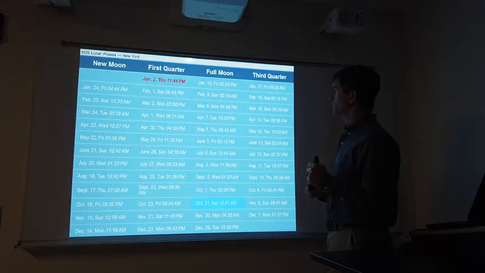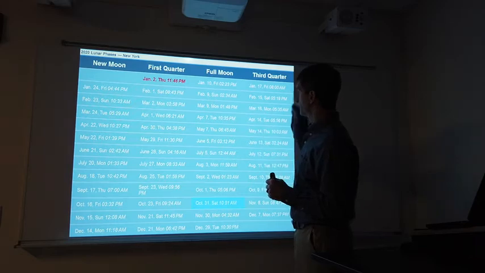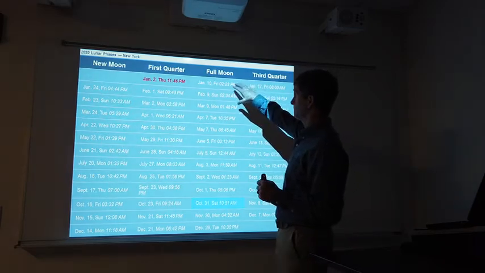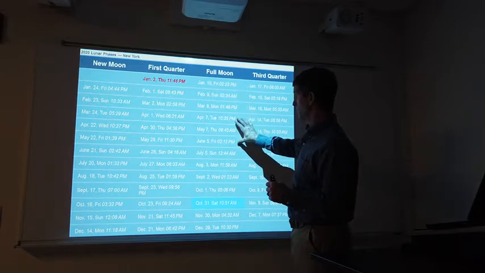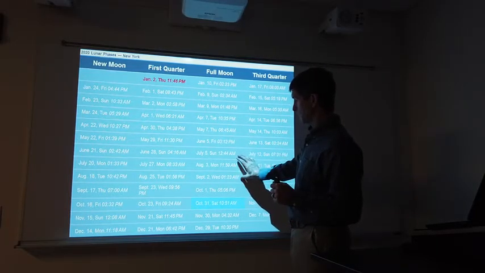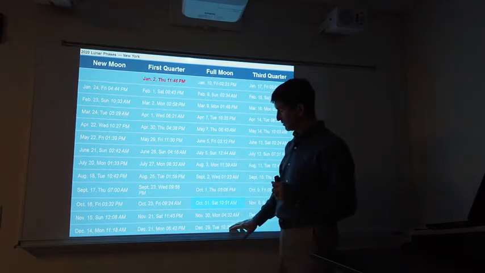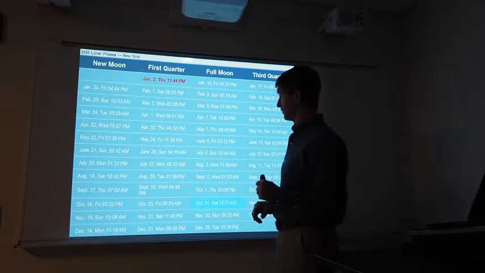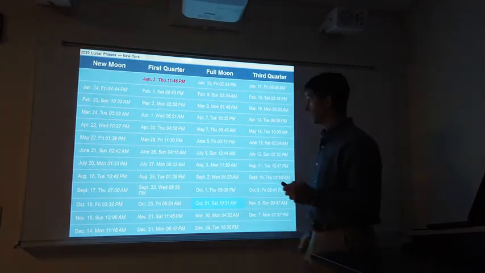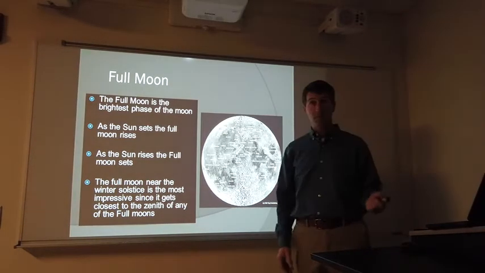If we go to the original meaning of blue moon, we have our first quarter of the year, no extra moons, second quarter of the year, no extra moons, third quarter of the year, no extra moons. It would actually make the December 29th moon the original definition for a blue moon.